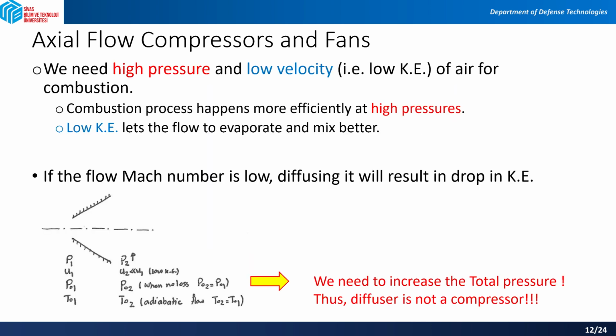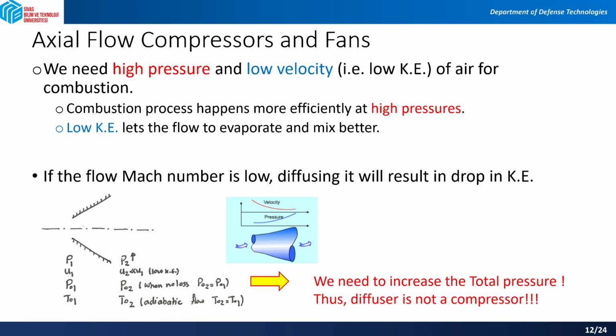Based on what you know from your aerodynamics and fluid mechanics knowledge, if you have a low speed flow or low Mach number flow and you diffuse it, I mean, put it inside the diffuser, like what I'm showing here, then its kinetic energy will drop, right?